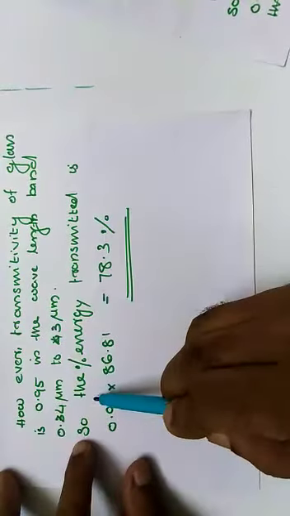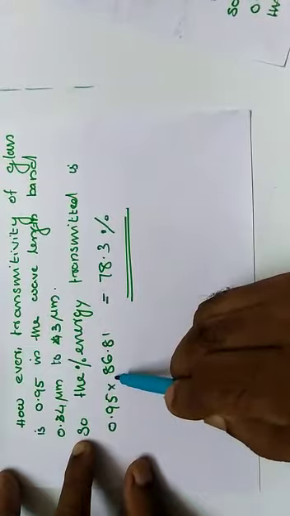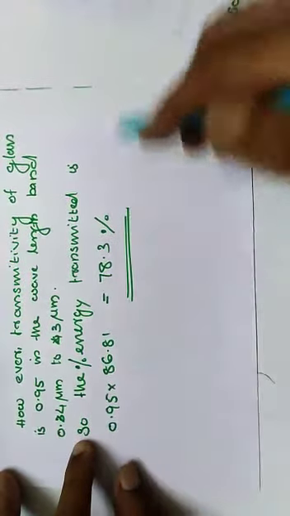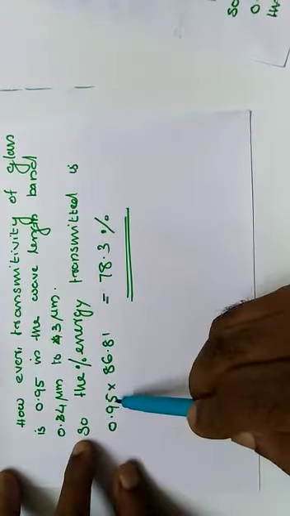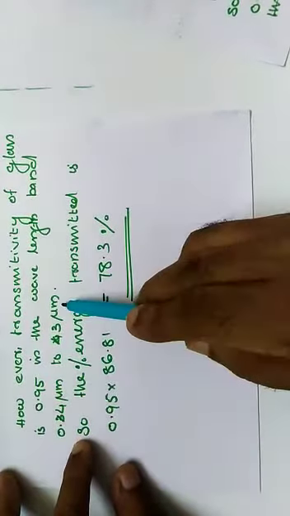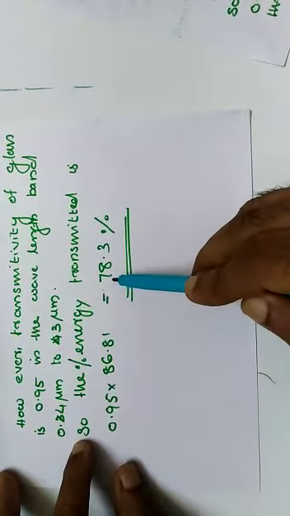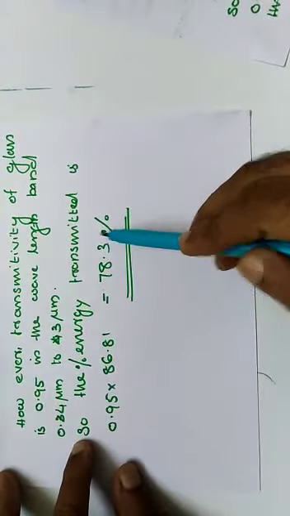So the actual percentage of energy transmitted is 0.95 into 86.81, because 0.95 is the transmittivity of the glass plate in this particular wavelength band. So 0.95 into 86.81 equals 78.3%.